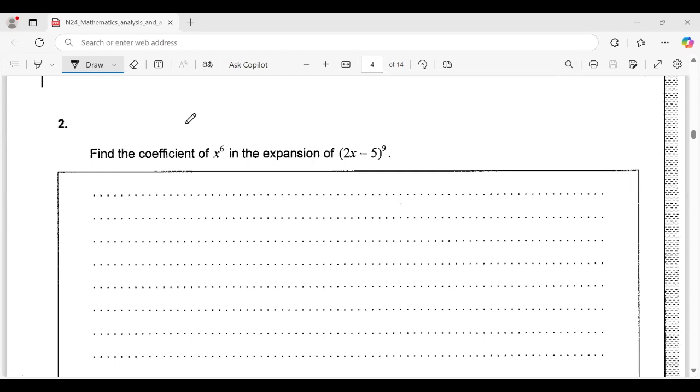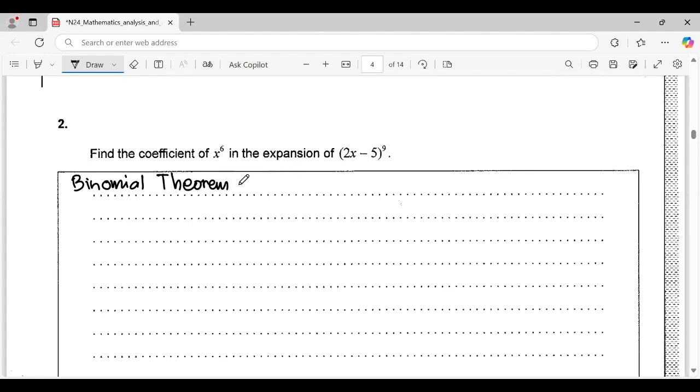Number 2, find the coefficient of x power 6 in the expansion of (2x minus 5) power 9. We will use the binomial theorem.